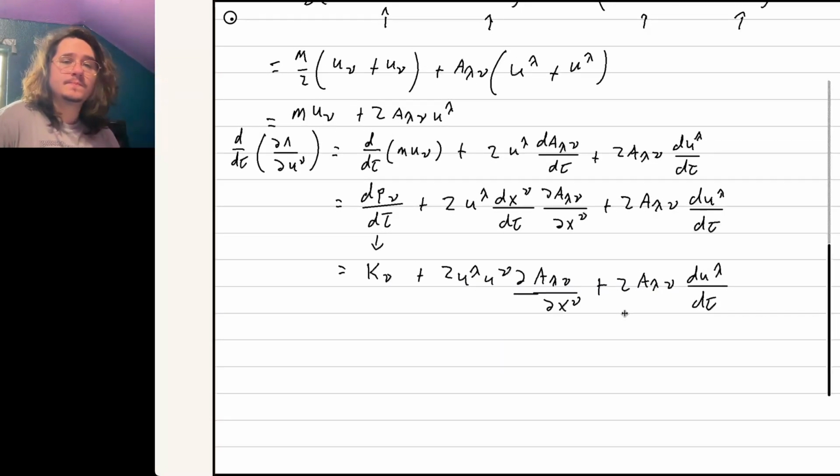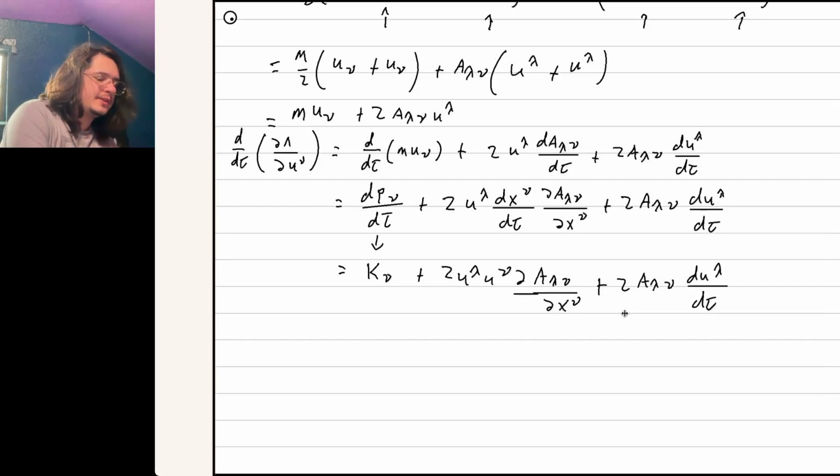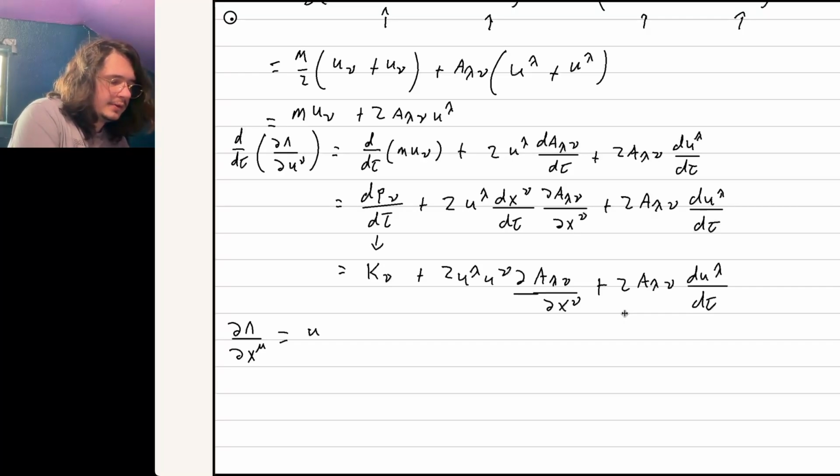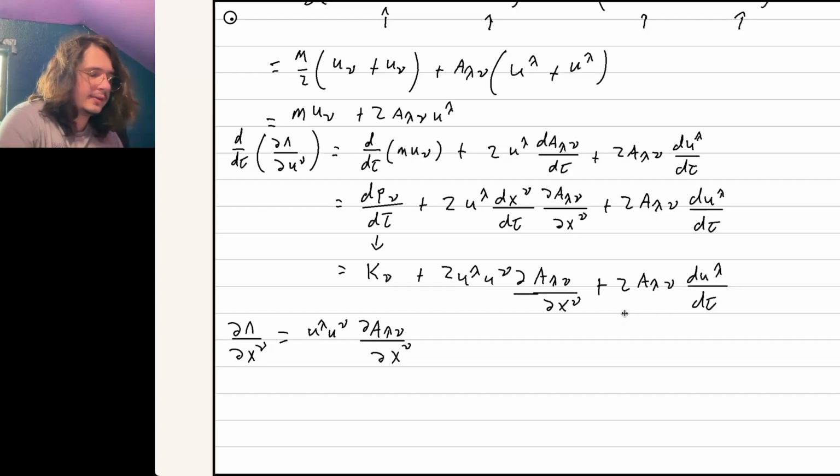Now let's do the other derivative that we have to do. We have to take the partial of the Lagrangian with respect to position now. The only thing which depended on position was the tensor a_lambda nu. So you just have u^lambda u^nu del a_lambda nu del x^nu. It's supposed to be del x^nu. So it's identical to this term.